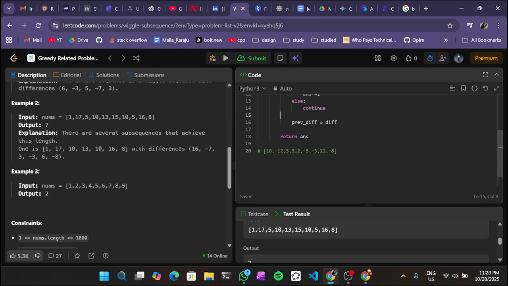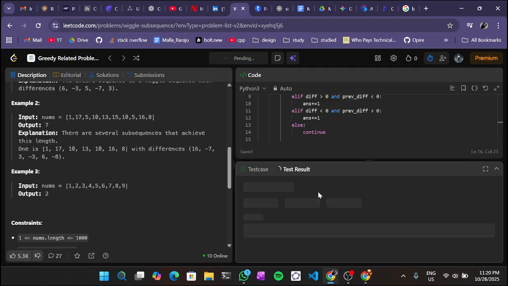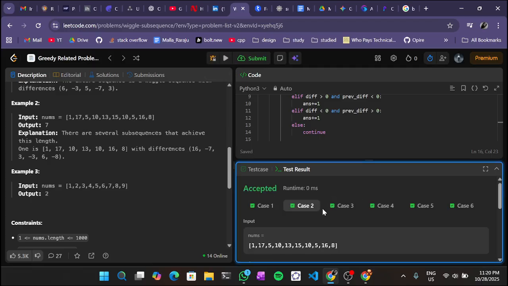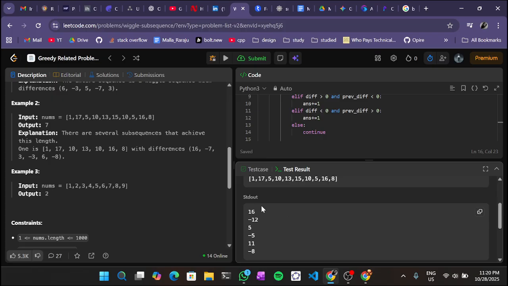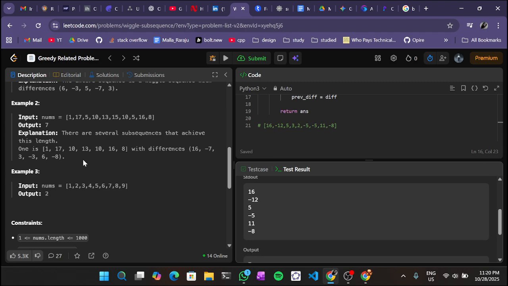Let's print the differences. 6, minus 12, 5, minus 5, 11, minus 8, 1, 2, 3, 4, 5, 6. 2, 4, 5, 6, 7. 6.